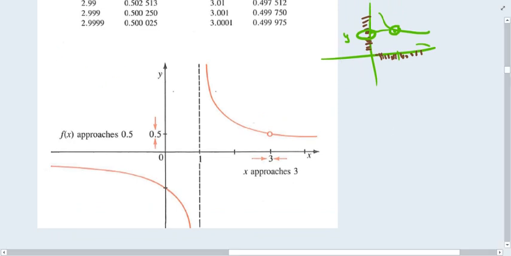So what you could say here is you could say the limit of f of x as x approaches 3. Okay, so that's what you write underneath that limit there: lim, x, arrow, 3, as x approaches 3. And this whole limit here is 0.5.